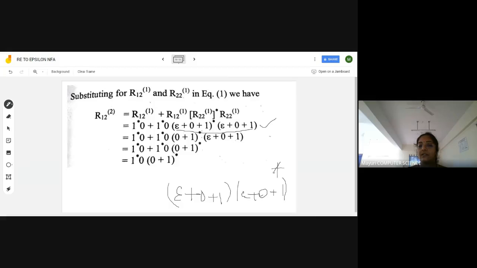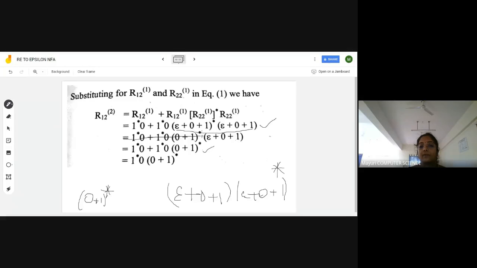How can I replace it? Just before I told you, you can replace that with 0 plus 1 star. So that's what I have written here. After replacing the complete whole thing, I have written it as 0 plus 1 star.